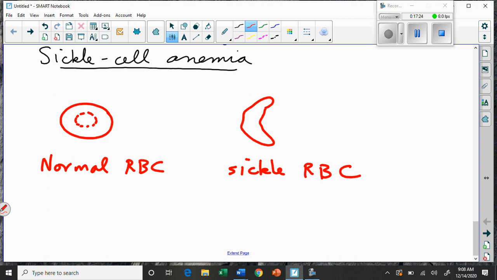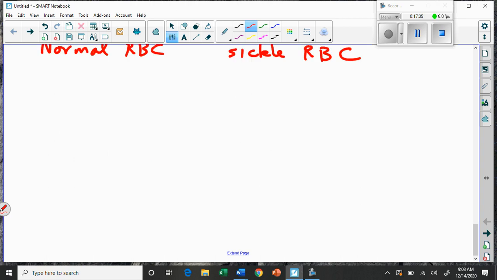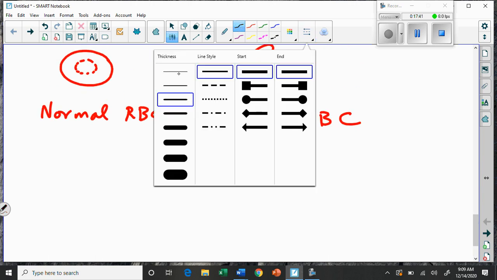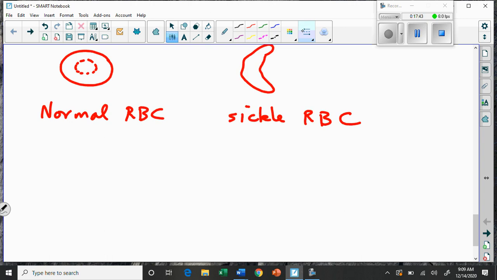Now, we need alleles, okay? And because this has something to do with the hemoglobin inside the cell, that's the protein that's being made, the hemoglobin is the actual sort of trait. And so what we do is we describe this using Hb as our base letter, which stands for hemoglobin.